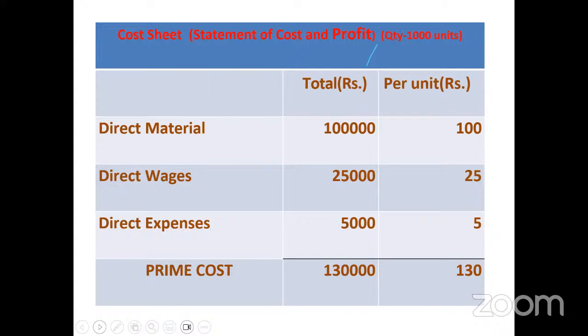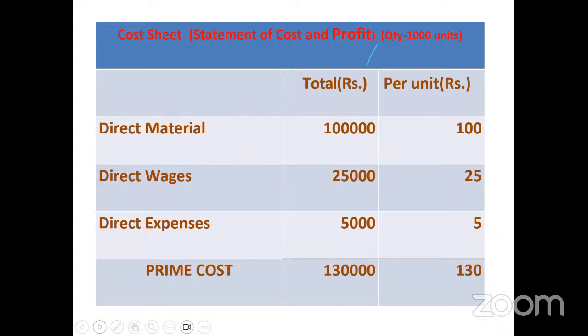Yes, so direct material plus direct wages and direct expenses is known as prime cost. Isn't it? Yes, sir. So if we add all these, 1 lakh plus 25,000 plus 5,000, how much are we getting? 1,30,000. Very good. So if total prime cost is 1,30,000 for 1,000 units of product, what will be the per unit prime cost? 130.